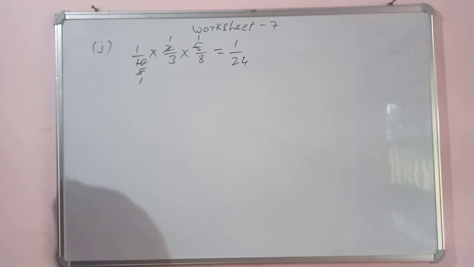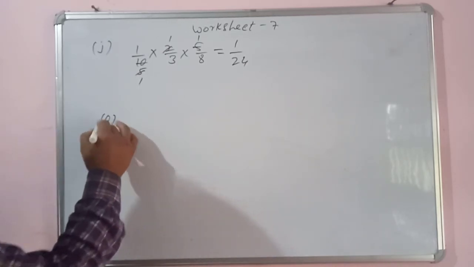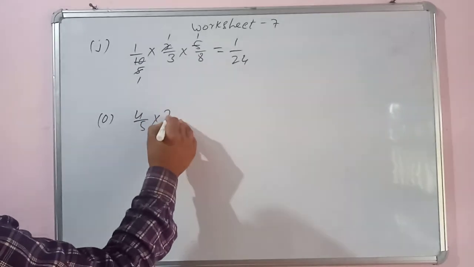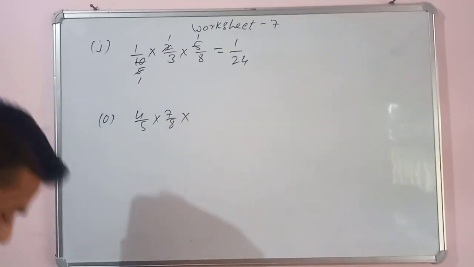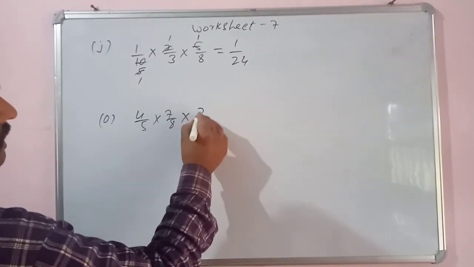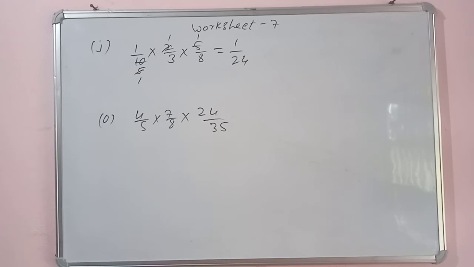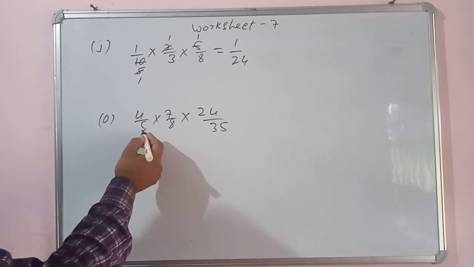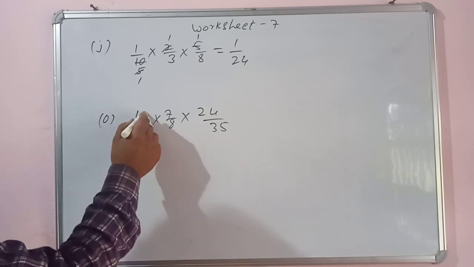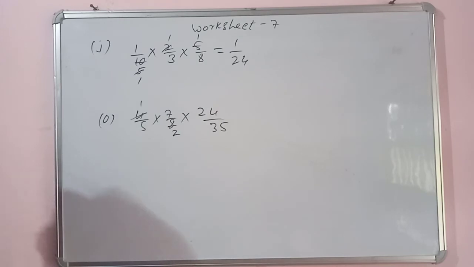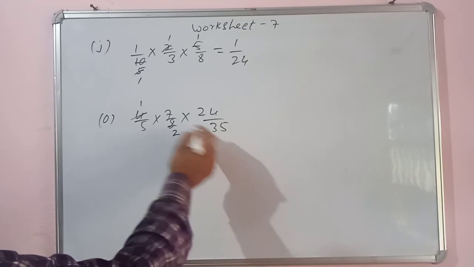And next, in the O part it is 4 by 5 multiply 7 over 8 multiply 24 over 35. So now first of all check with 4. So 5 is not divisible by 4 but 8 is divisible by 4. So 4 1s are 4 and 4 2s are 8. Now check with 7. We can divide 35 with 7.